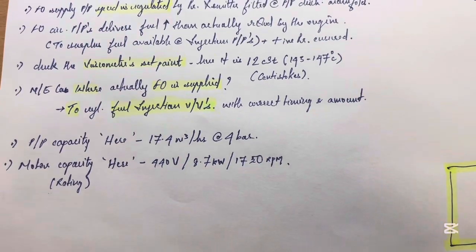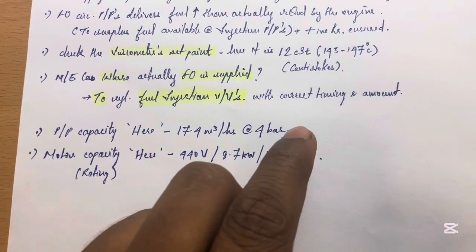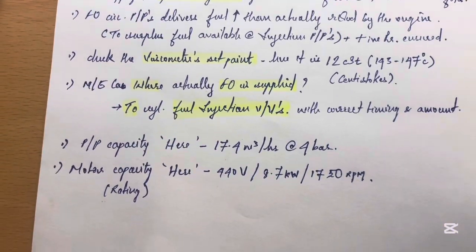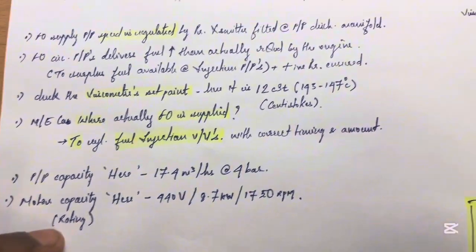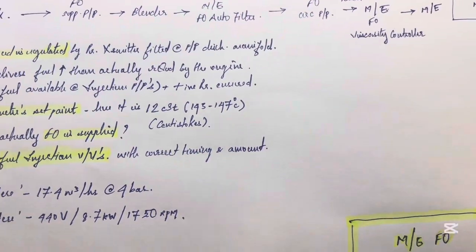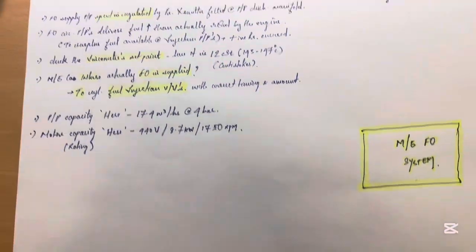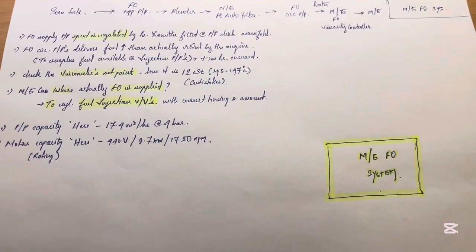Since my engine is an ME engine, an electronic engine, it is injected with the correct timing and amount. The pump and motor ratings for the circulation pump are shown over here. So this is all about the main engine fuel oil system, okay?